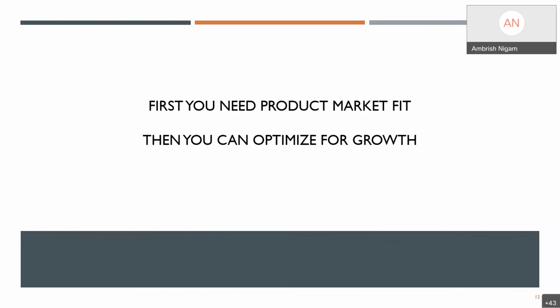First, we need to find the product market fit and then we can optimize for growth. Once you get to product market fit, you can shift your focus from the initial product to distribution and winning the market. It's important to do it in order.